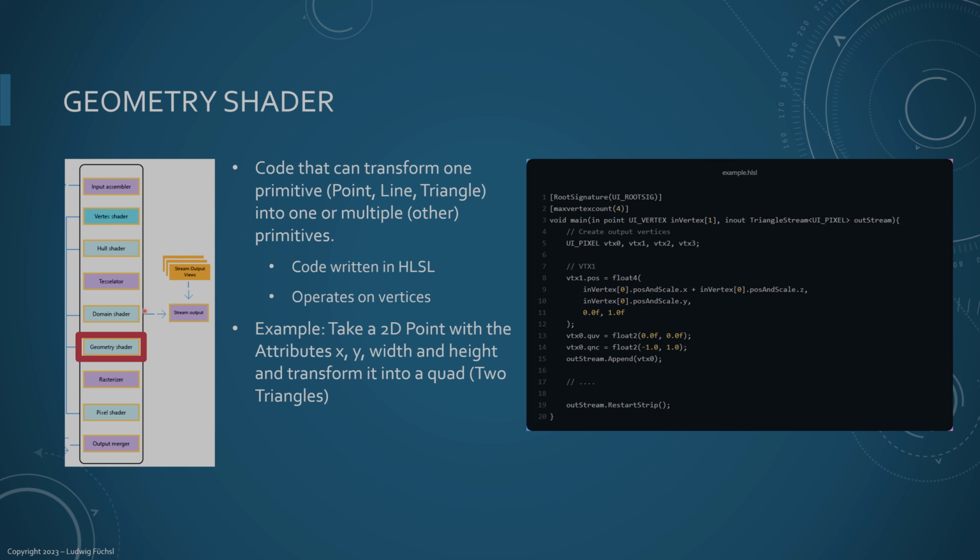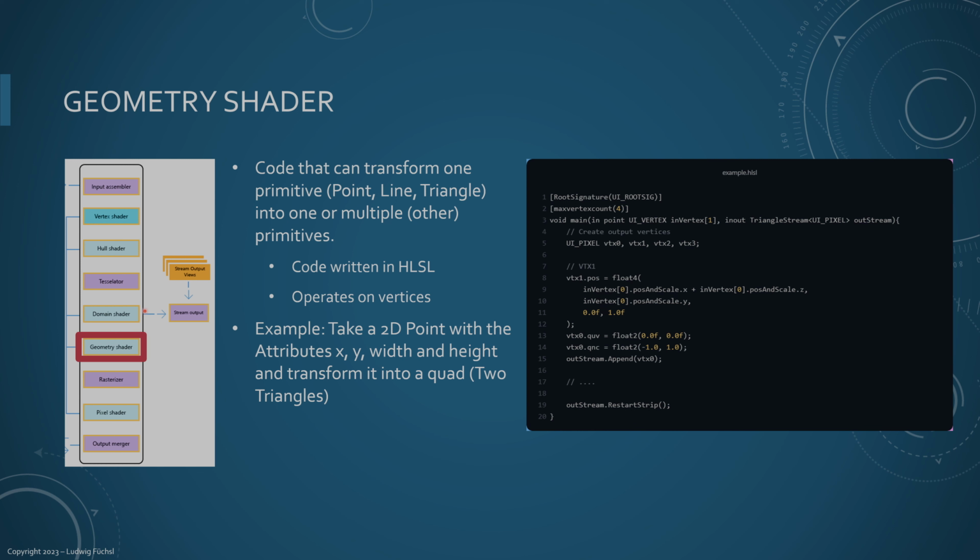For example, the transformation of primitives into other primitives, or the multiplication of primitives. Multiplication of primitives is quite simple. We already did this at the tessellator. The tessellator can take one triangle and make multiple out of it. So that's not really something that you would use in the geometry shader if you really want to do tessellation. However, what you can do is, for example, transform points into triangles or points into quads.